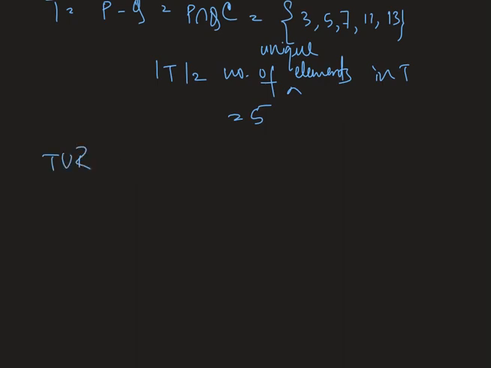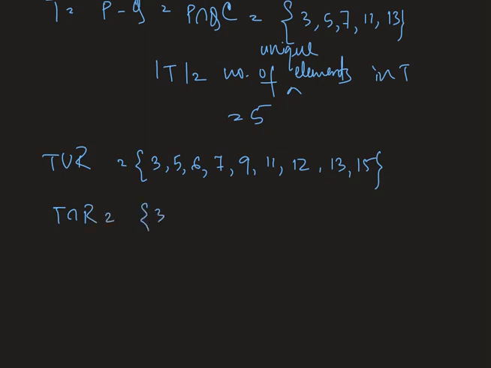Now T union R is equal to 3, 5, 6, 7, 9, 11, 12, 13, and 15, and T intersection R is only 3. Therefore, the modulus of T union R is equal to 9 and the modulus of T intersection R is equal to 1.